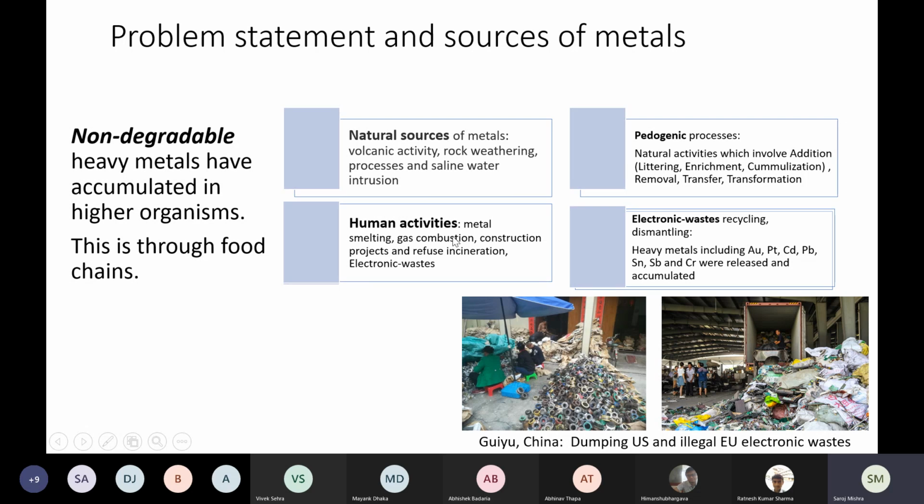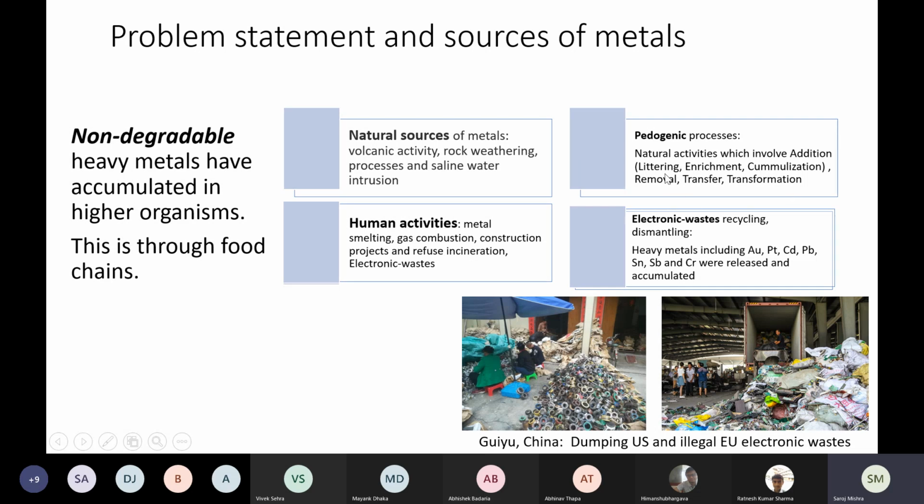Then there are the human activities, like metal smelting, gas combustion, construction activities, refuse incineration, electronic wastes, etc. So these are all man-made activities which we constantly do, as a result of which the metal load in nature increases.